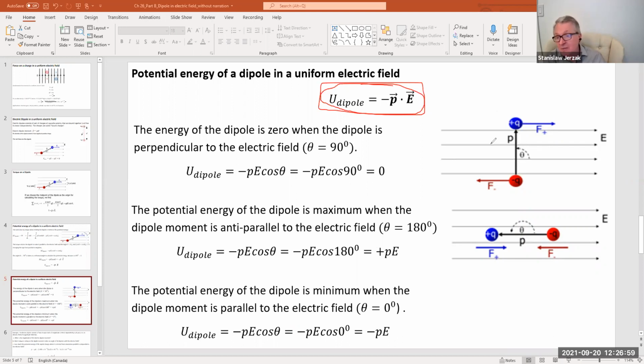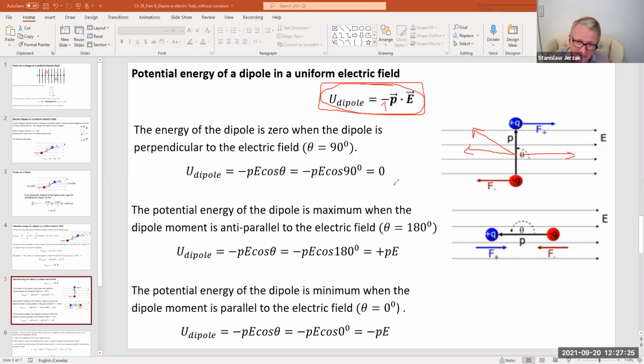But why energy is sometimes positive and negative is because of the angle of the dipole. For this orientation, when the dipole is antiparallel to the electric field, cosine of 180 is -1, so energy will be positive. But when the dipole is parallel to the electric field, energy will be negative because of this negative sign, less than 0.